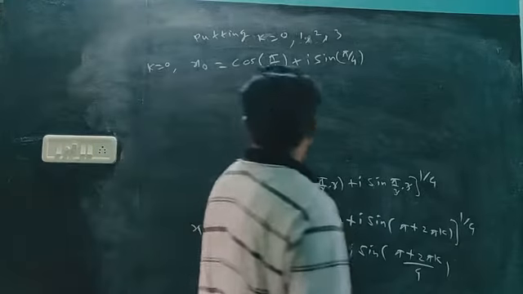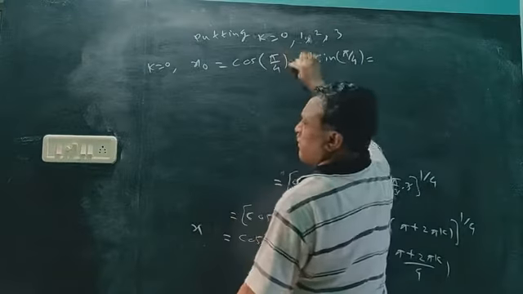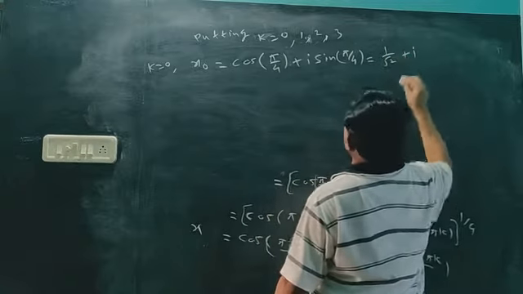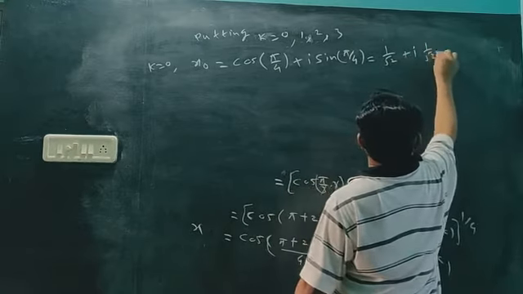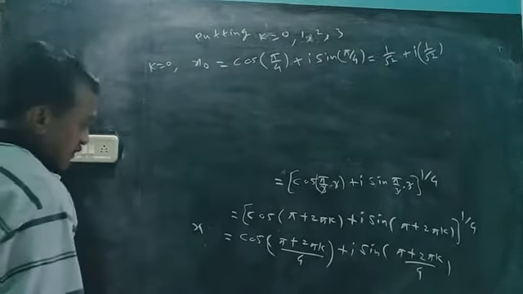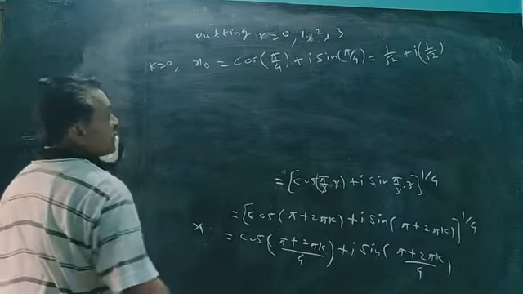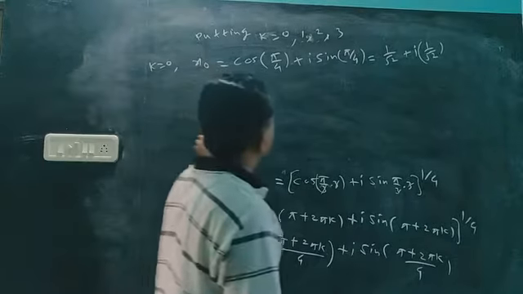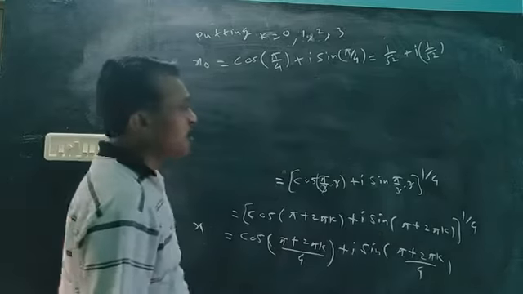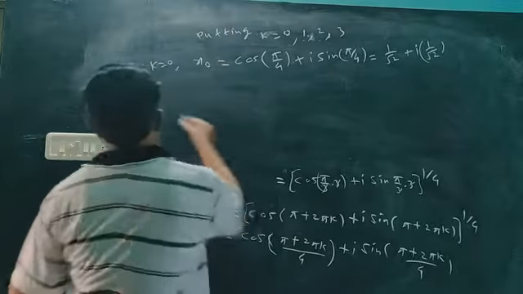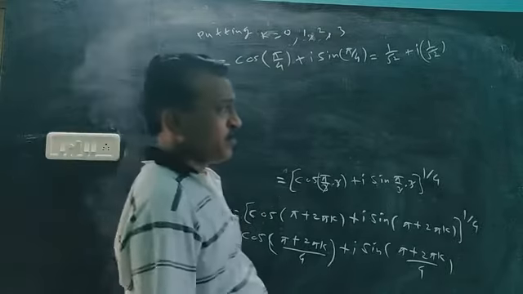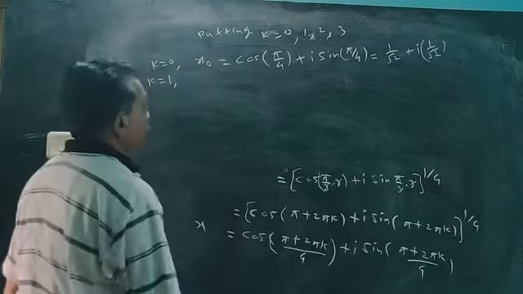So cos pi by 4, cos 45, 1 upon root 2, sin 45, 1 upon root 2. So this is the first value. I don't need the answer itself, but to show the product of 4 values of these roots.